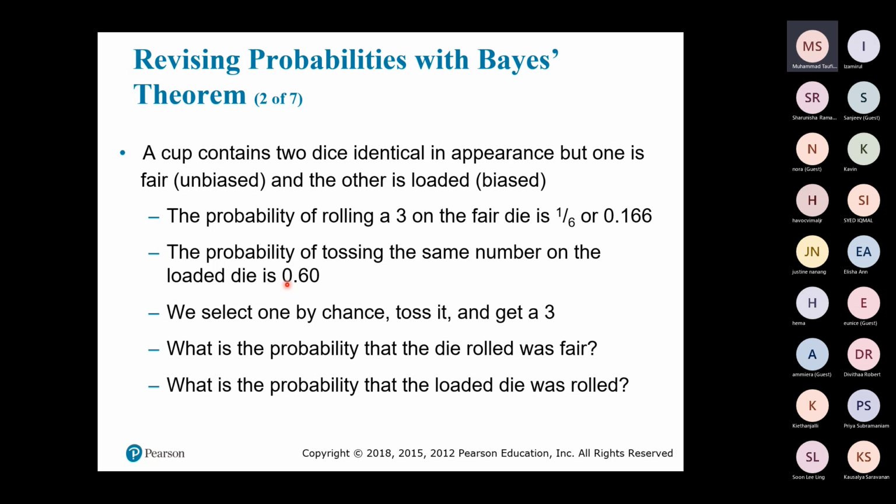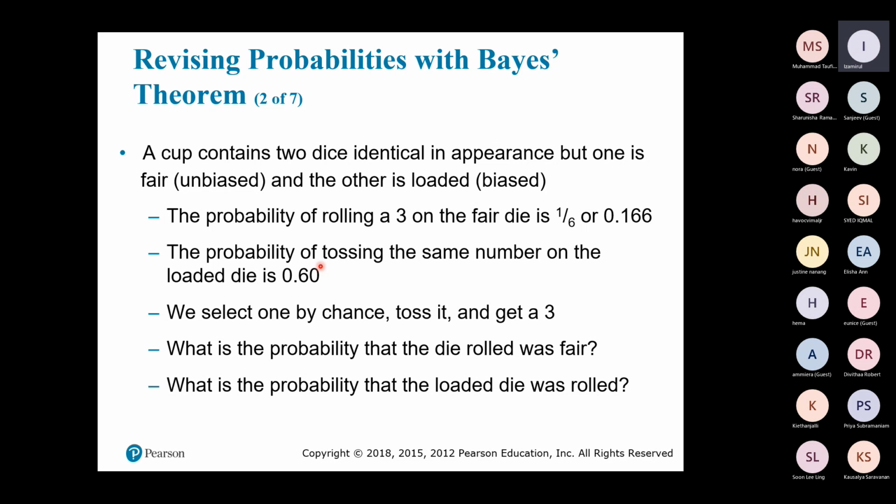Bila awak baling, peluang untuk awak dapat satu nombor tu lebih tinggi daripada permukaan yang lain. Jadi 0.6 ni adalah nombor yang diorang dah test. Untuk dadu yang diorang dah modify, peluang untuk dapat nombor 3 tu adalah 0.6.